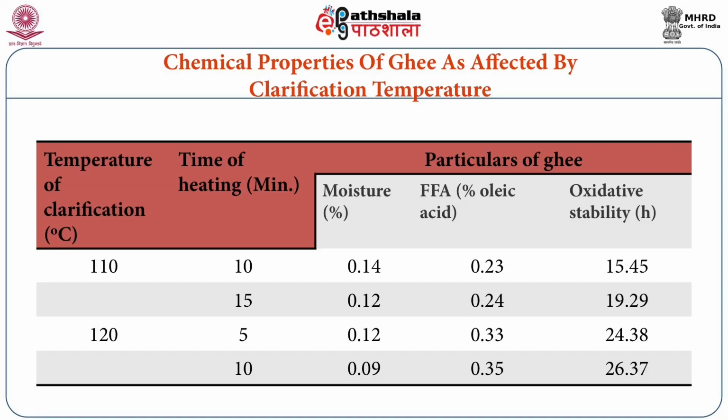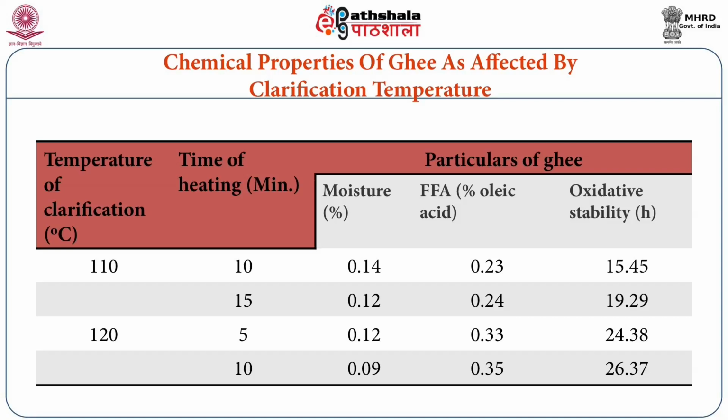So higher the temperature, lower the moisture content. The FFA content is exactly the opposite trend of moisture. At the higher temperature of 120 degrees, the FFA content is higher in terms of percent oleic acid, 0.33 to 0.35, versus just 0.23 to 0.24 at the lower temperature of 110 degrees centigrade.